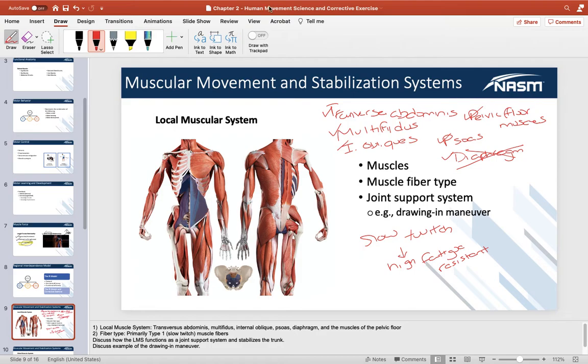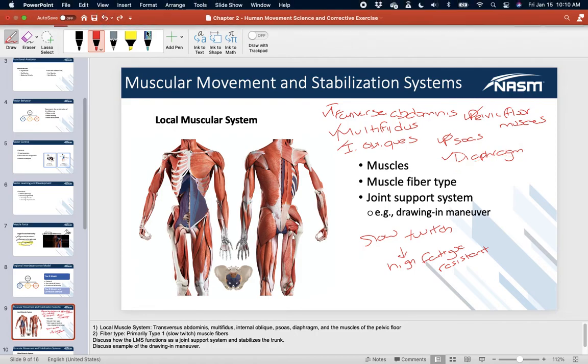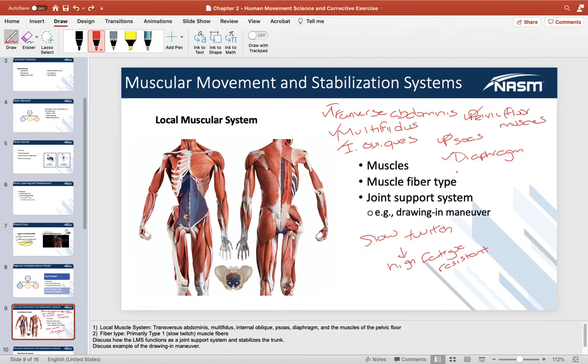So with your diaphragm, we want to make sure that we take in that breath, in terms of that drawing in maneuver. We don't want to breathe through the belly at that point. We want to be able to drag that diaphragm down and make sure that when we draw in, it engages the transversus abdominis, the internal obliques, the rectus abdominis as well, and it wants to pull that in and hold it and lock it so that your system can stay upright.